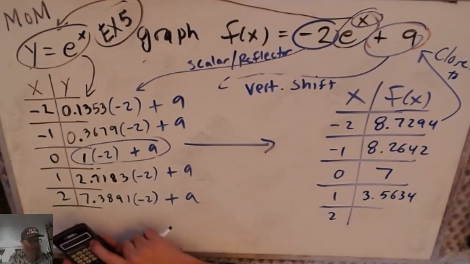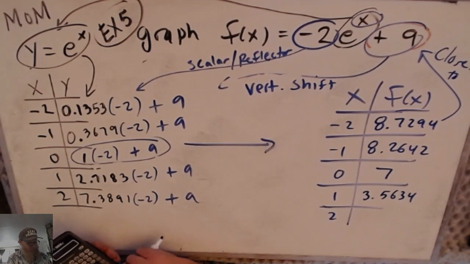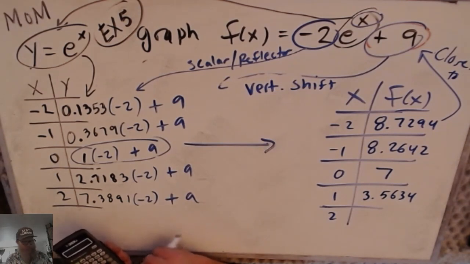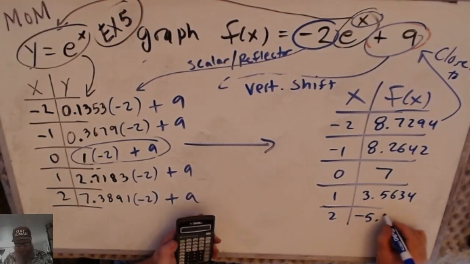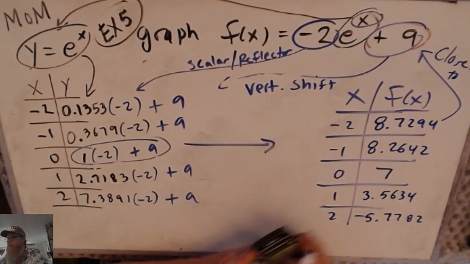And then the last one, 7.3891 times -2 plus 9, -5.7782.